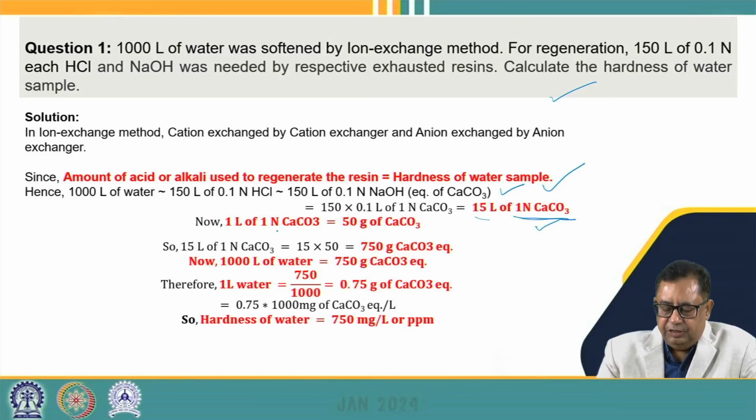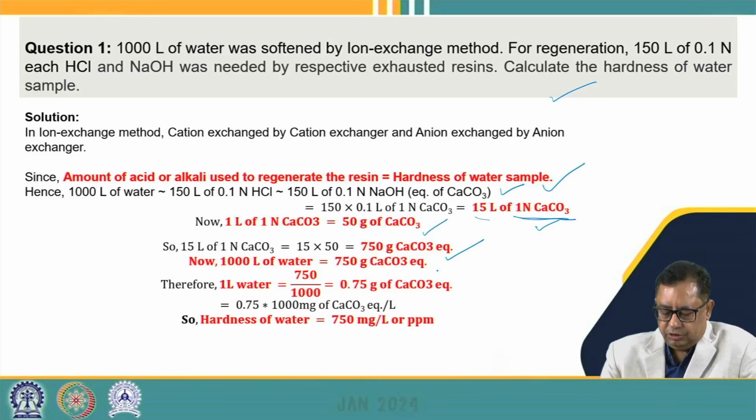And 1 liter of 1 normal calcium carbonate represents 50 grams of calcium carbonate. So 15 liters of 1 normal calcium carbonate will represent around 750 grams of calcium carbonate. This means that for 1000 liters of water, we require around 750 grams of calcium carbonate, in terms of equivalents.